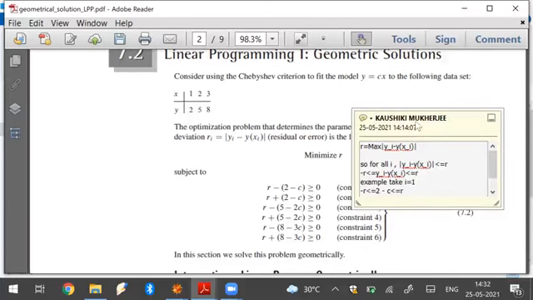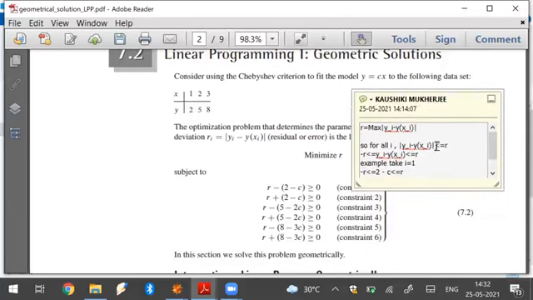So for i equal to 1, you are getting 2 minus c as the deviation, because yi is 2 and y of x1 is c. So 2 minus c will satisfy this relation, minus r less than or equal to 2 minus c less than or equal to r.